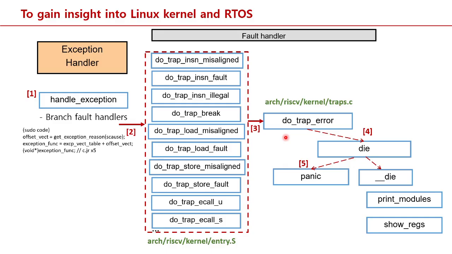When the exception occurs due to a memory overload, in this case this subroutine will be called to print the necessary information at the moment of the memory overload, and then it will cause the kernel panic. So this is the important interface between Linux kernel and RISC-V architecture.